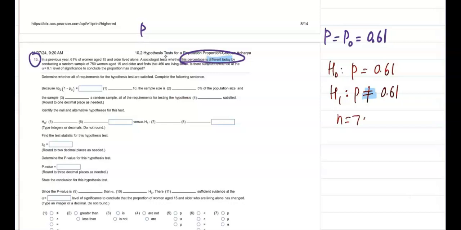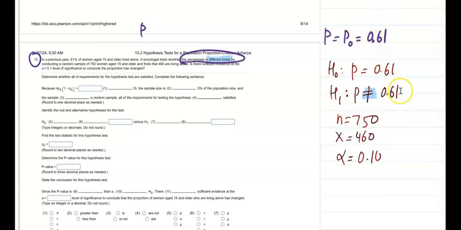And they found that out of 750, 460 live alone. So the x value is 460. And the question is, is there sufficient evidence at the level alpha 0.1 to conclude the proportion has changed? That's what I want to see. Is there enough evidence to support this H1? So here alpha equals 0.10.